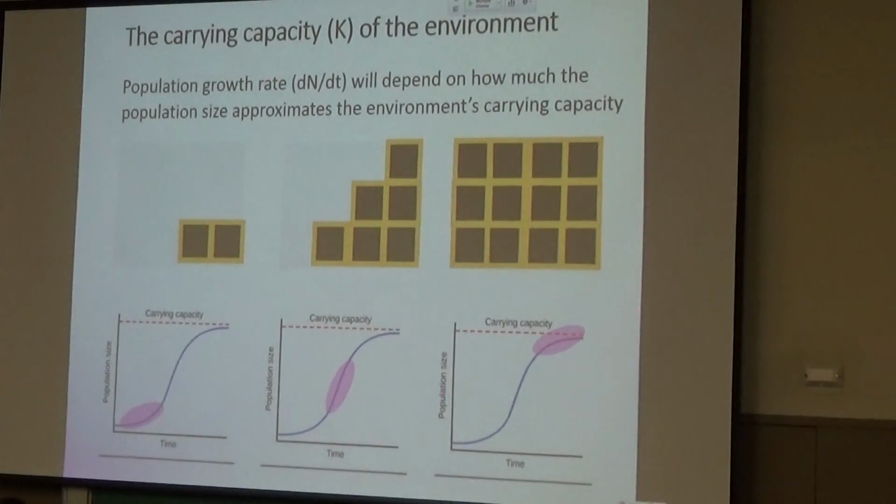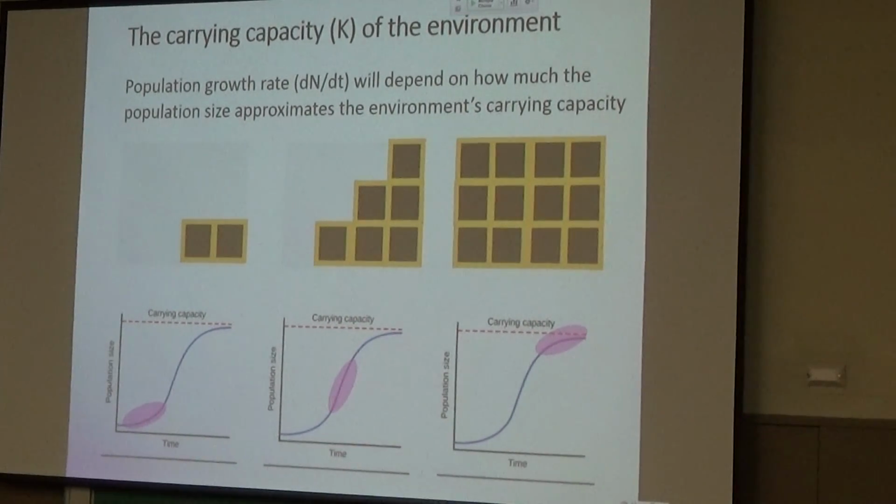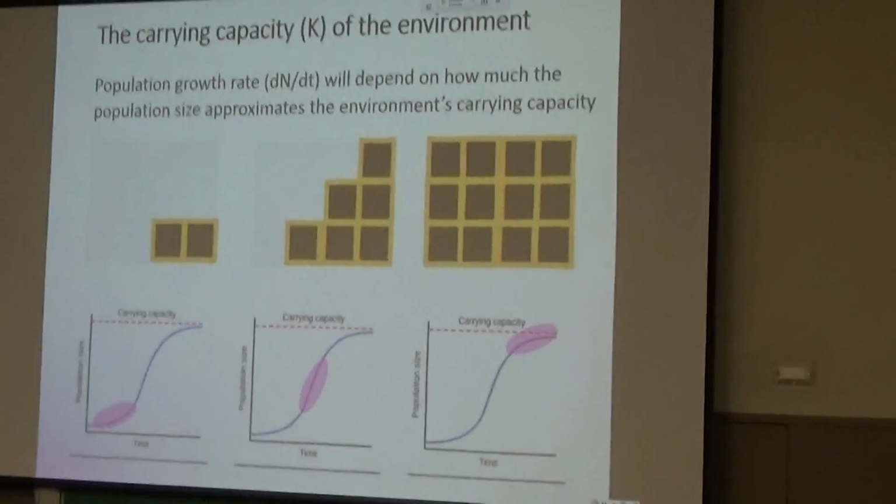So if we think about the environment as just being space, look at these boxes here, this shaded area, as the carrying capacity available for this population to grow. And then look at these squares as individuals filling that carrying capacity.